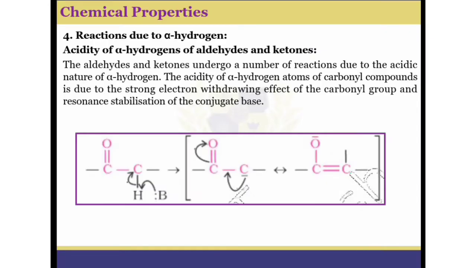This is the information that we're required to know before we can attempt question 1, and it comes from module 5, which is on aldehydes and ketones. Basically, we need to understand the acidity of the alpha hydrogen atoms of aldehydes and ketones.